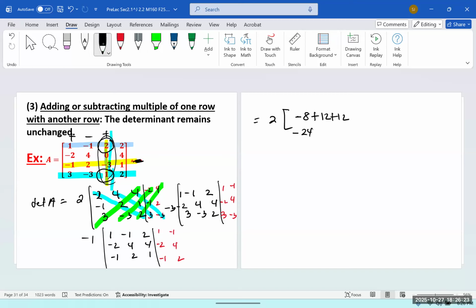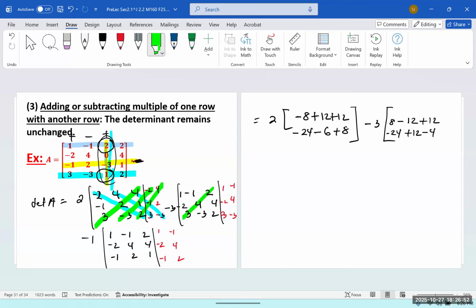Minus 24, minus 6, plus 8. A lot. 8 minus 12 plus 12 minus 24 plus 12 minus 4.